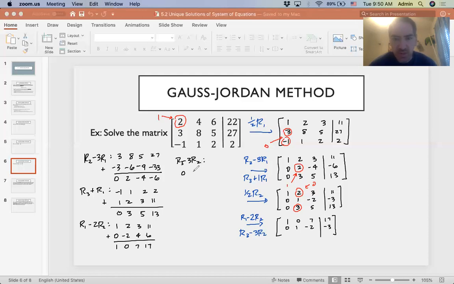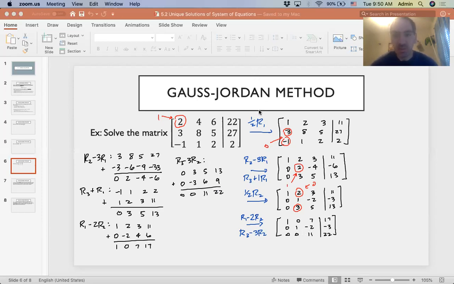That would be 0, 3, 5, 13. And -3 times row 2 is 0, -3, 6, and a +9. That is 0, 0, 11, 22. And second column is done.